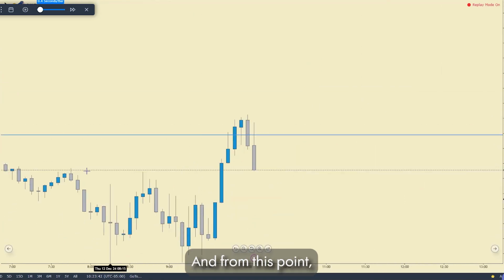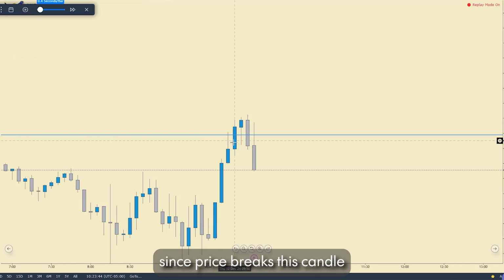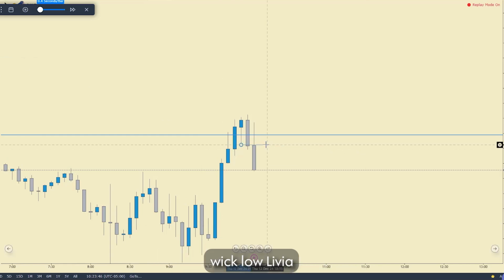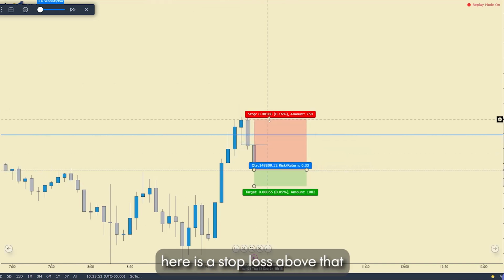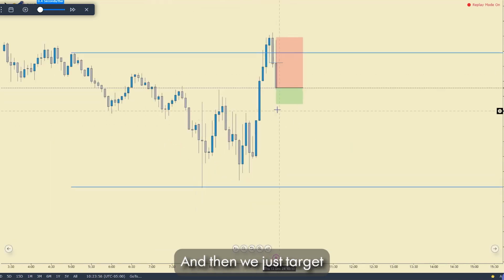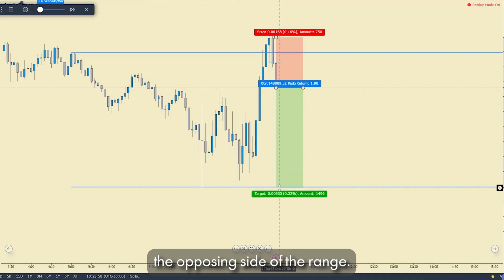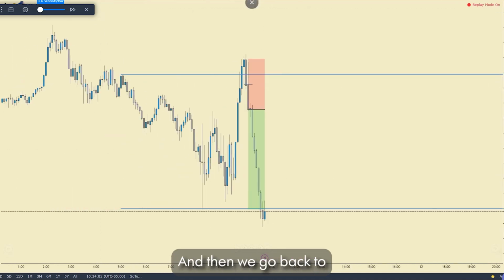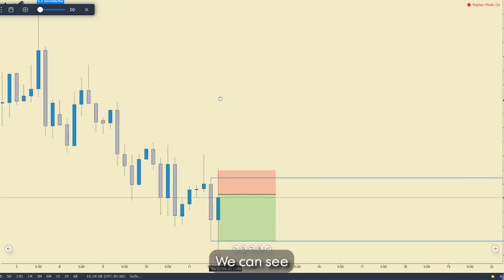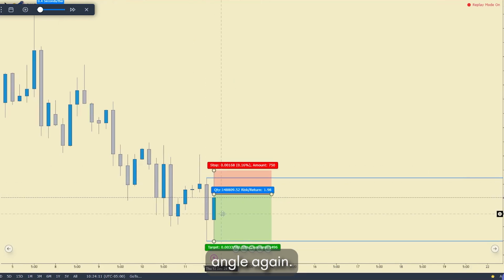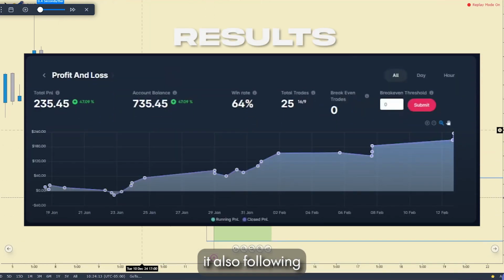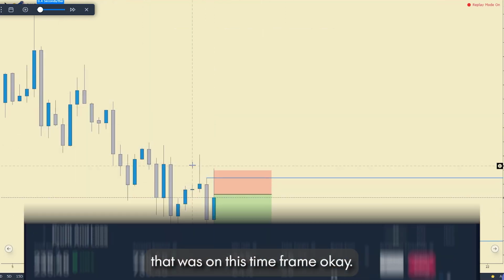And from this point, as you can see, since price breaks this candle wick low over here, that we consider our changing state of delivery, and then we can just look to enter with this candle impulse here. Place a stop loss above that candle high, and then we just target the opposing side of the range. Pretty simple. And then we go back to the 4-hour time frame here. You can see that was the entire sweep and go. As you can see, it's also following the general trend that we're on this time frame.